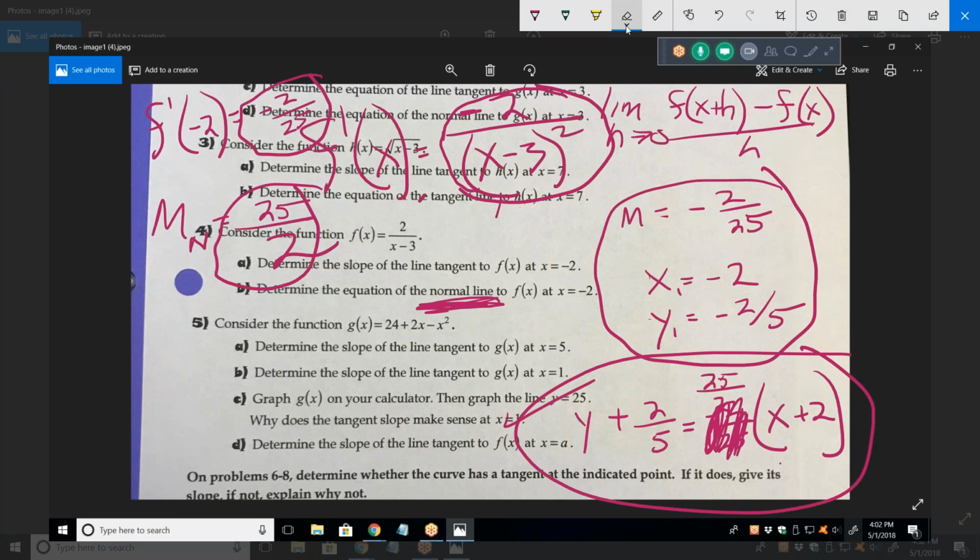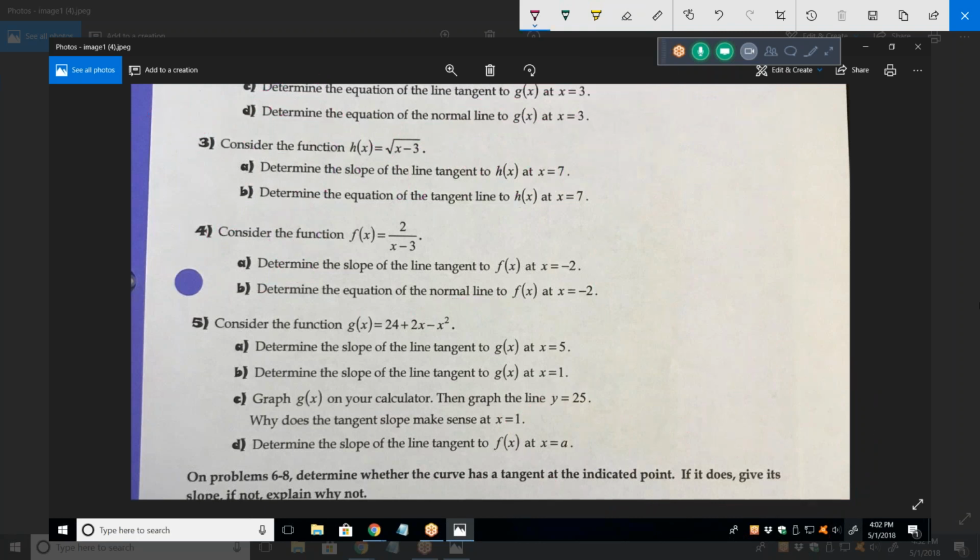Now, the next one's actually a little easier. You're sure that you have not learned the power rule, right? Nope. I'm going to teach it to you right now. Start with the exponent, multiply it times the coefficient, and then subtract 1 from the exponent. That's the derivative function.